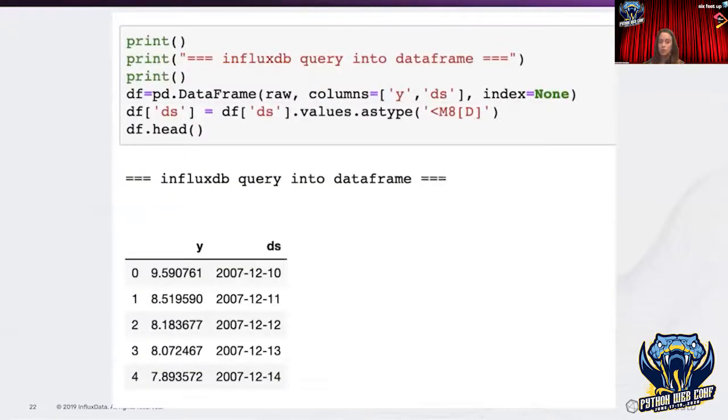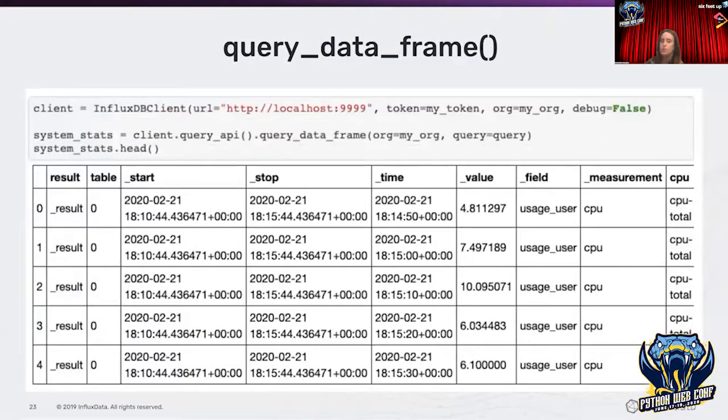Instead, I could convert all those rows into a pandas data frame, but what I'm going to do is use the query_data_frame method. And so here's another example of how you can do that. If I was just querying some system stats, all I would do again is pass in my org and my query, whatever that may be. And I just use the .query_data_frame method instead of just the query method on my query API.